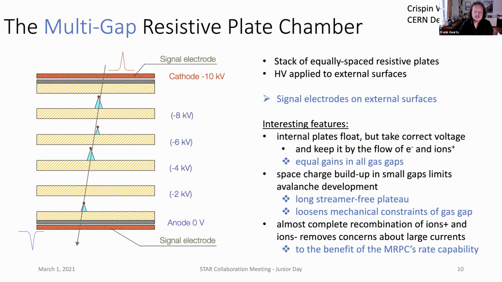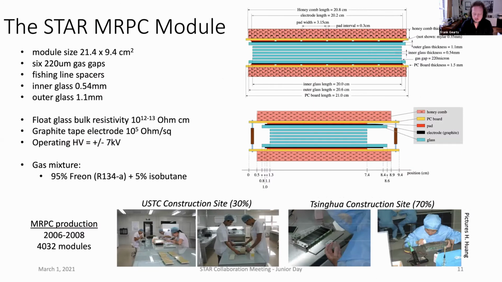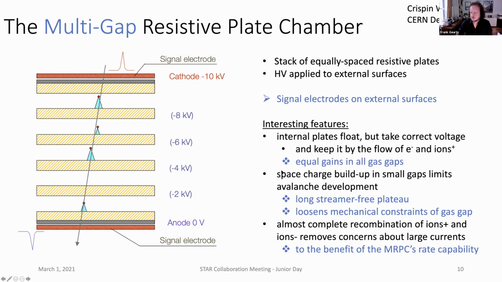And then the other thing is that we see a complete recombination of the positive ions, but also of negative ions, which really, as you get close to the anode side, you'll see that electrons tend to recombine.